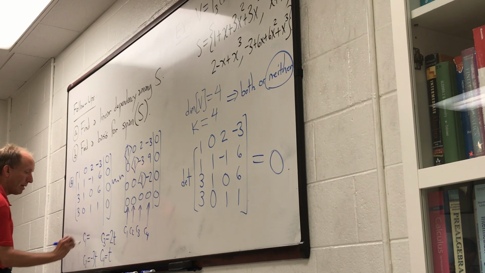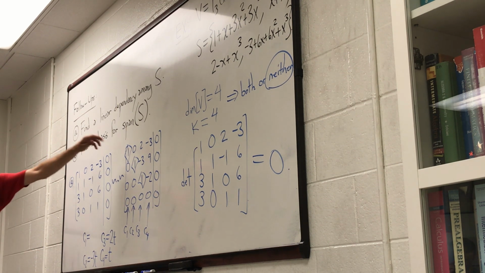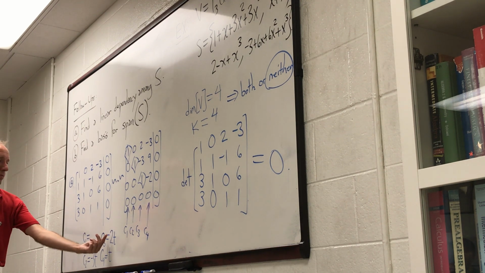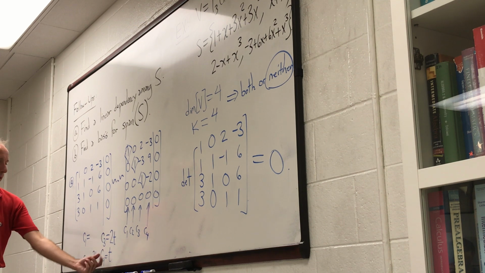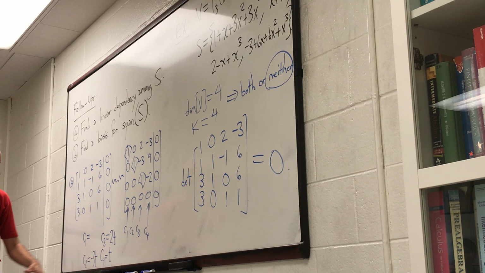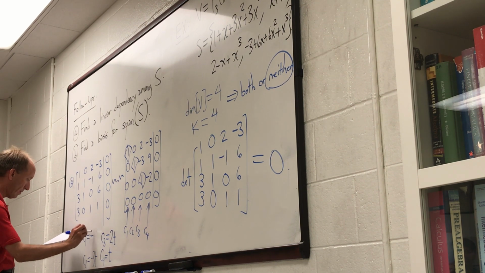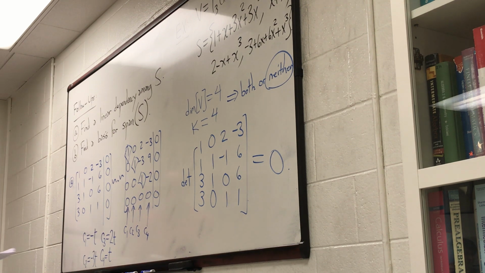Okay, and then finally we have to back substitute into the very first equation to get C1. C1 would be negative 2 times C3, which would be negative 4T, and then plus 3T, that would be negative T.